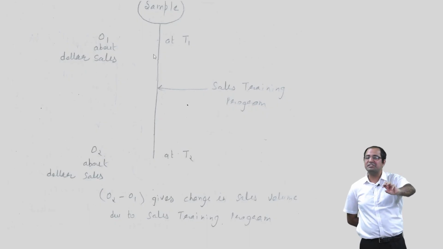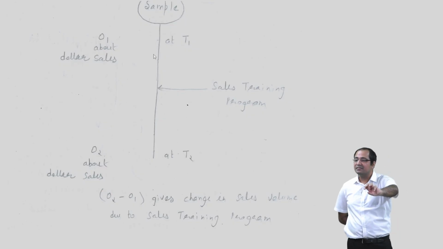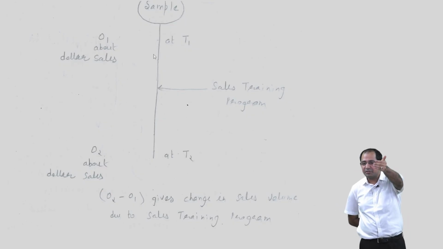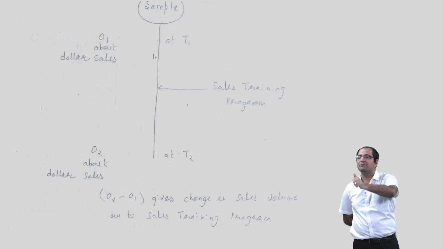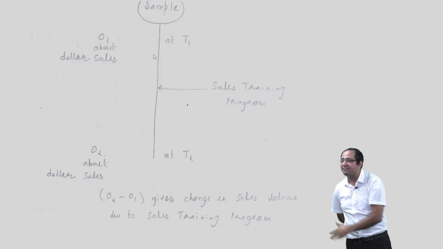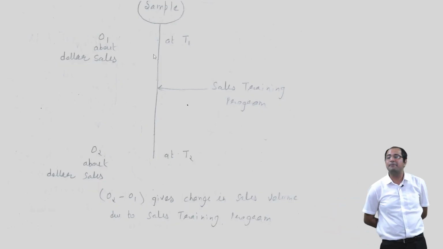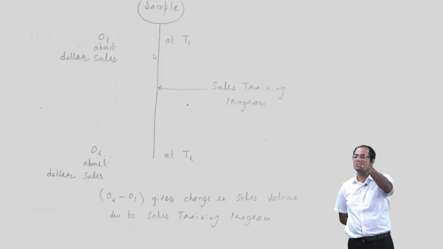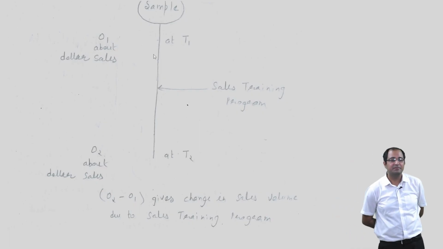There is also something called mortality, which means when we are conducting the experiment, if someone from the sample, 1 or 2 people, leaves the experiment or leaves the company, then we don't have the same sample that we started with.